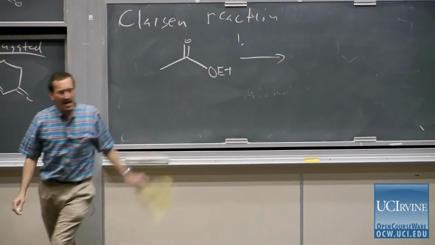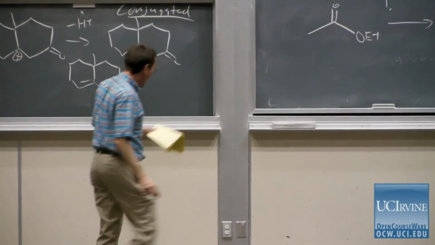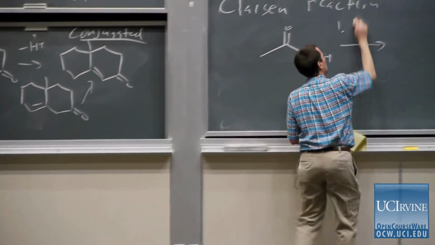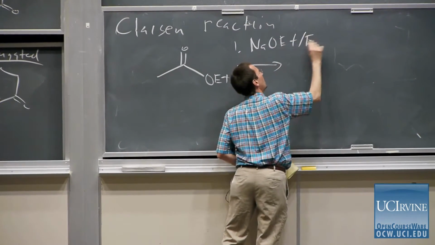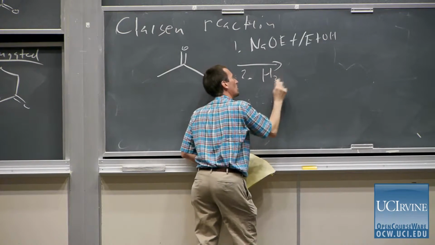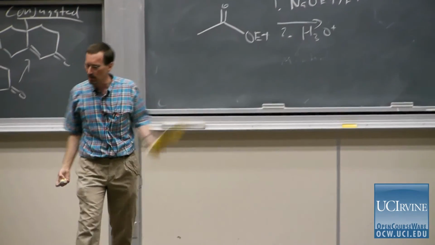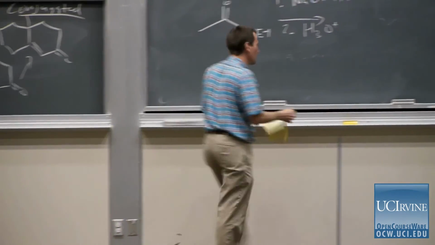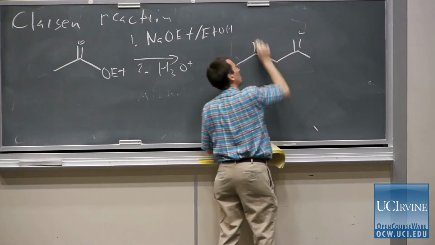So if we take ethyl acetate and we treat it with sodium ethoxide and ethanol first, so I'll write 1 to indicate we're doing that in a first synthetic step, and then we carry out an aqueous workup with some aqueous acid. That means some dilute HCl. You're not cooking things together, you're just throwing it in before shaking things in a separatory funnel.